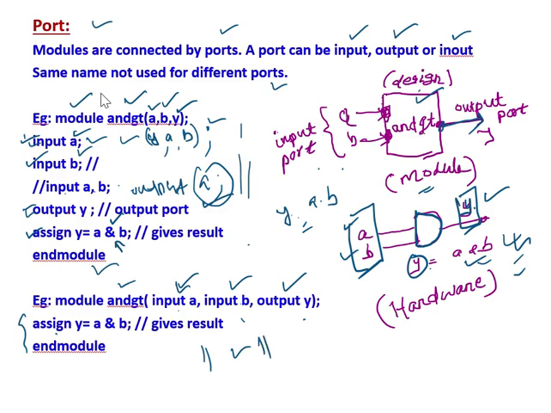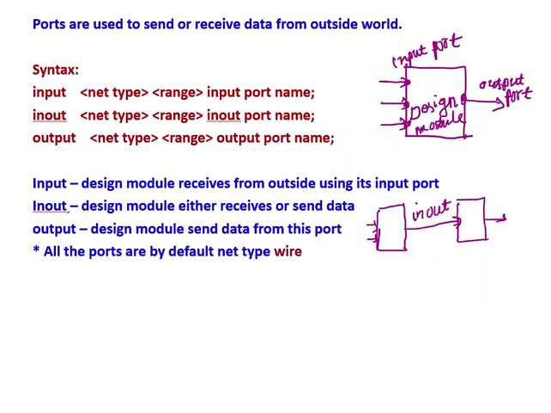Next, why do we use these ports? What is the use of these ports? Ports are used to send or receive data from the outside world. Through input ports we are receiving the data. Suppose this is a design module, this is the AND gate.